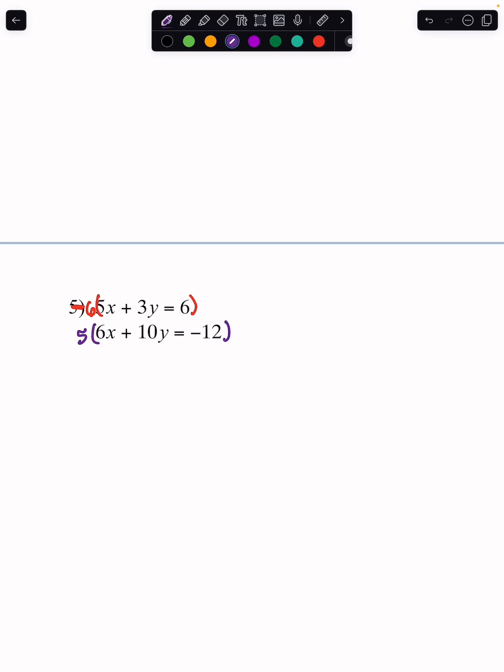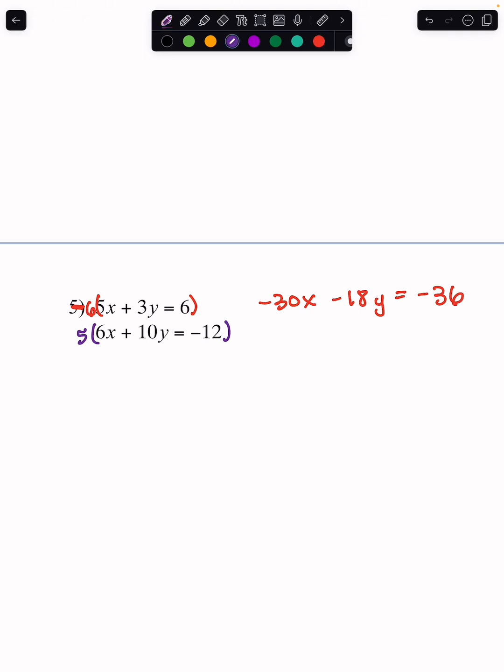Let's do that top one in red. -6 times 5 is -30x. -6 times 3y is -18y. And then -6 times a positive 6 is -36. And then the next one, 5 times 6 is a positive 30x.